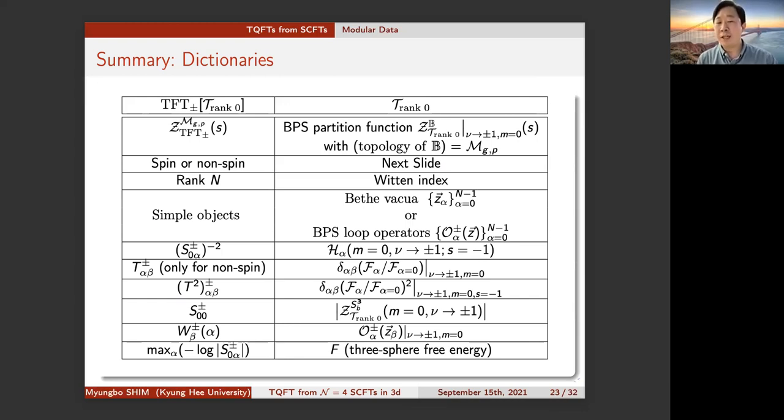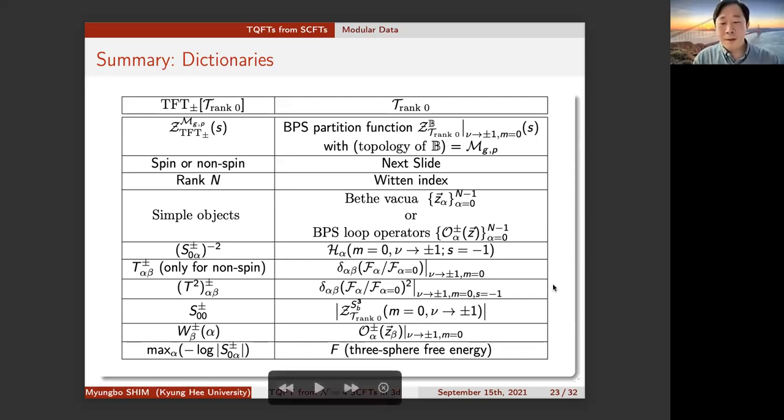We can extract the handle-gluing operator and fibering operator from the Bethe-vacua method. Then we can partially recover components of the S-matrix and T-matrix.